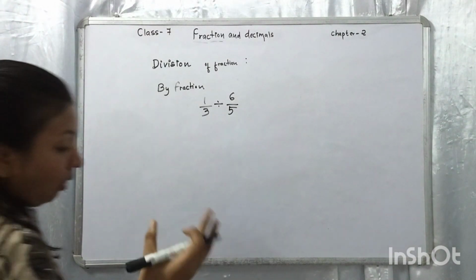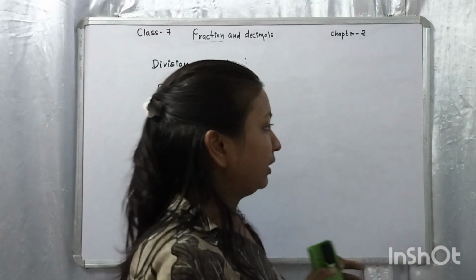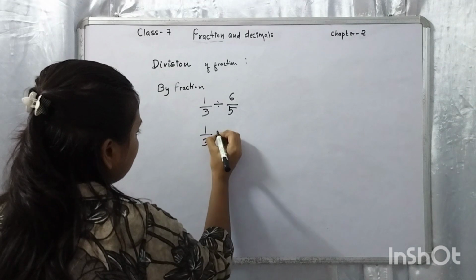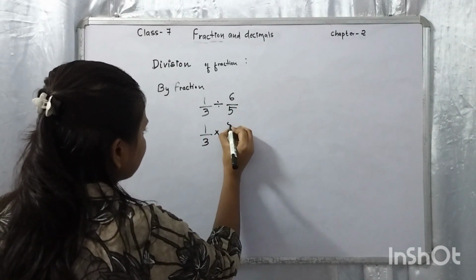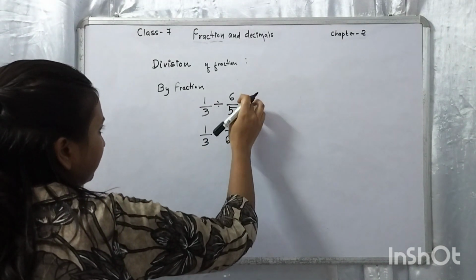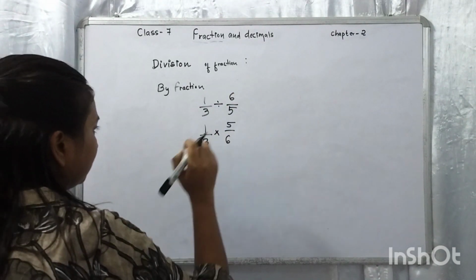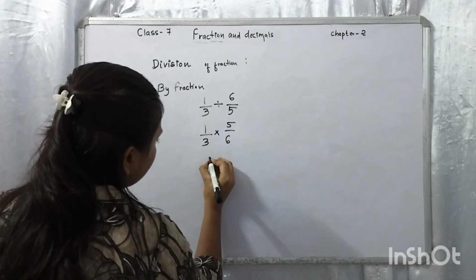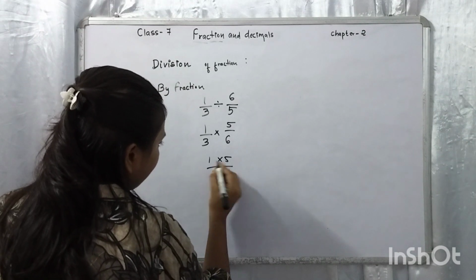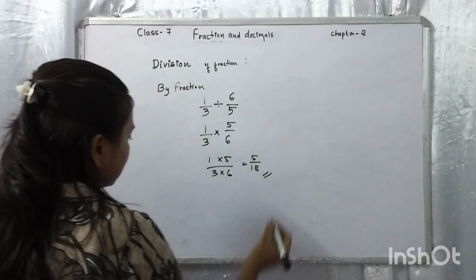Now all the rules are same. That is, you will again reciprocate and you will multiply. So first you will write 1 by 3. You will write into. Now you will do a reciprocal, that is 5 by 6. Fine. 5 will be in the numerator and 6, which was in the numerator, will come down in the denominator. Fine. Now simply you will write 1 into 5 by 3 into 6, and 5 ones are 5, 6 threes are 18. This is your answer.